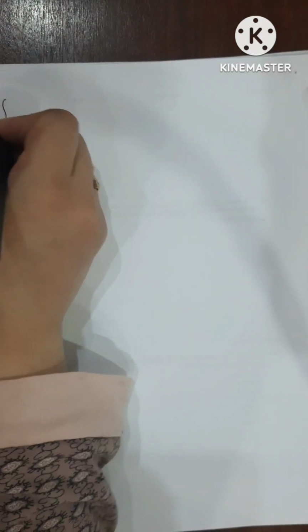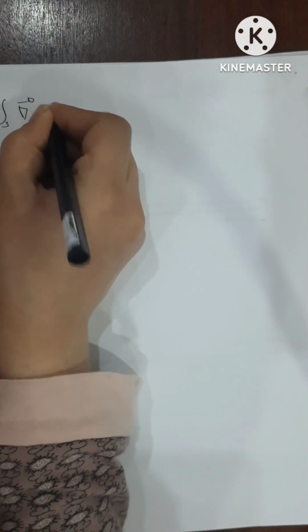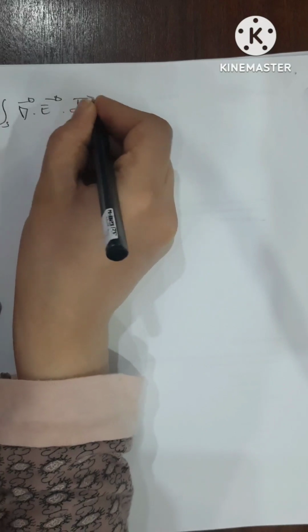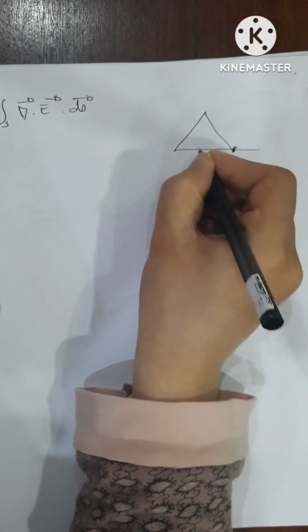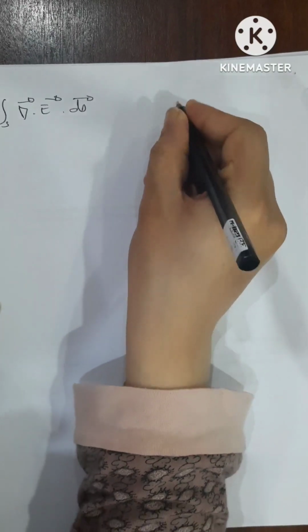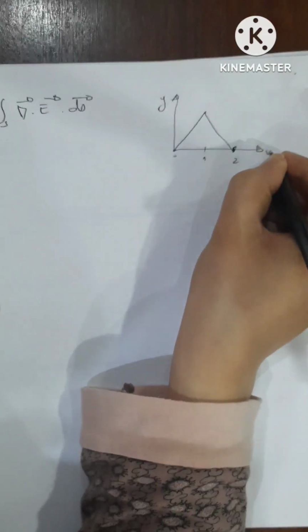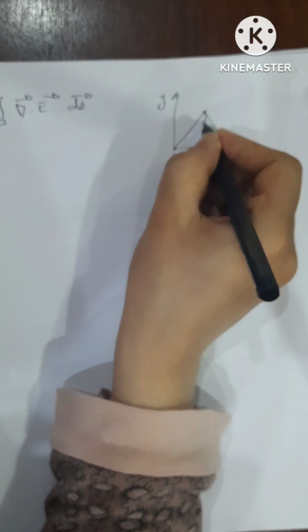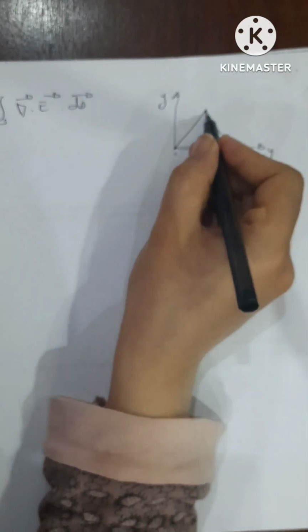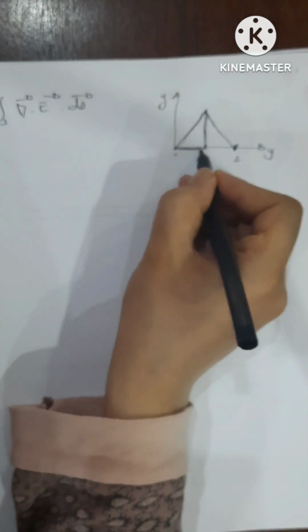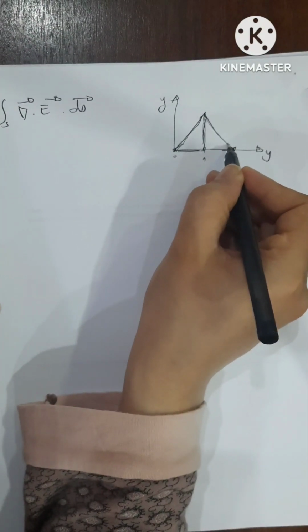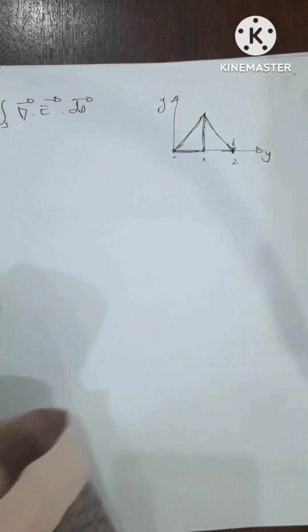Now we find the same calculation using the curl of E ds. In this case we have two surfaces. The first one with this function and the second one with the second function, so dx, dy following this function.